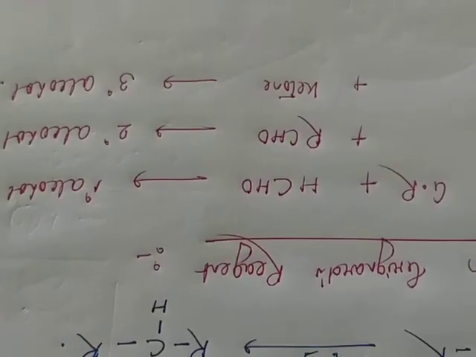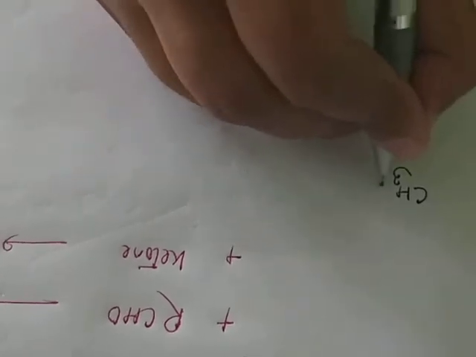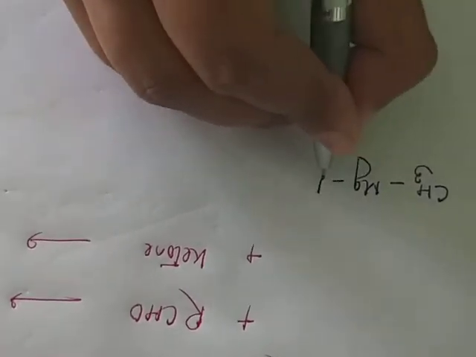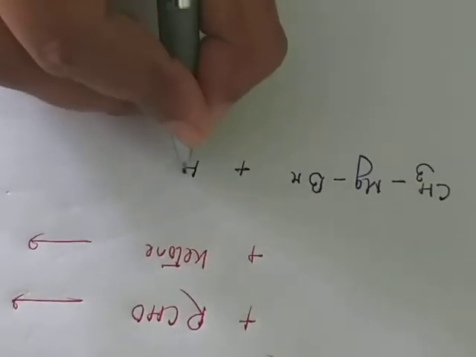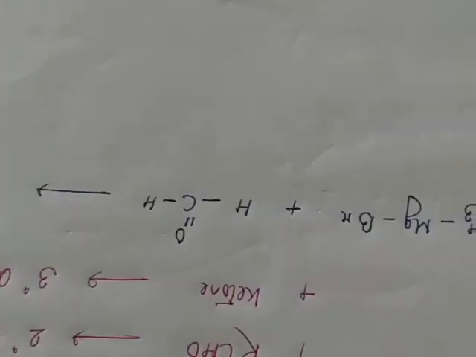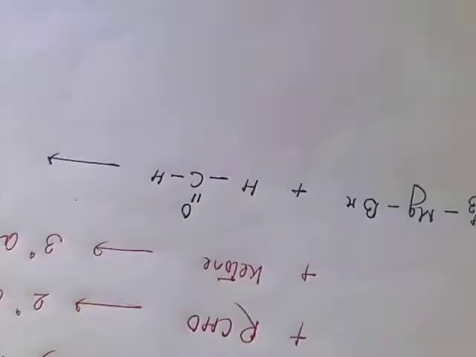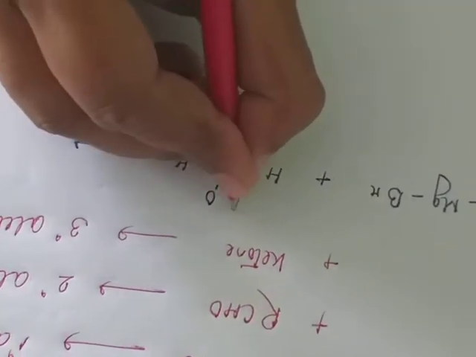Let's see how the reaction takes place. When we start with methyl magnesium bromide and, suppose, formaldehyde, it is a nucleophilic addition reaction of aldehyde or ketone. I'm showing how the reaction is taking place.